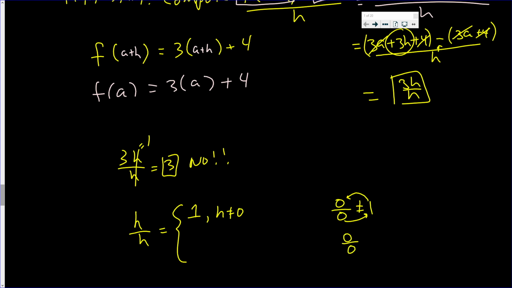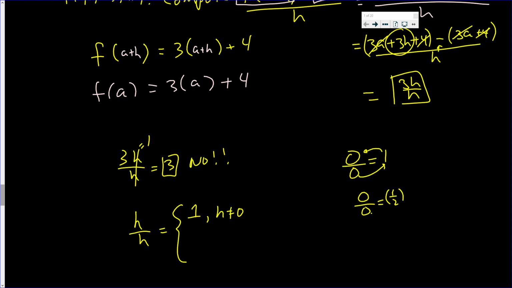Sorry, I take that back. 0 times 1 is 0. But we have a problem here. I mean, fine, 0 over 0 is 1 because 0 times 1 is 0.